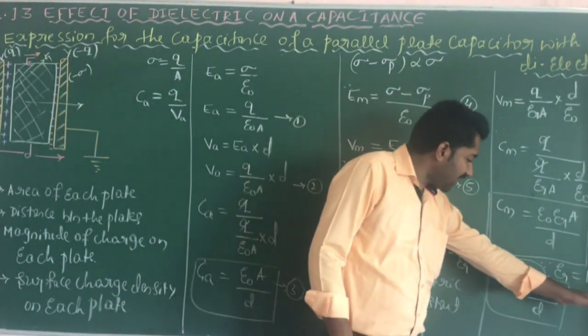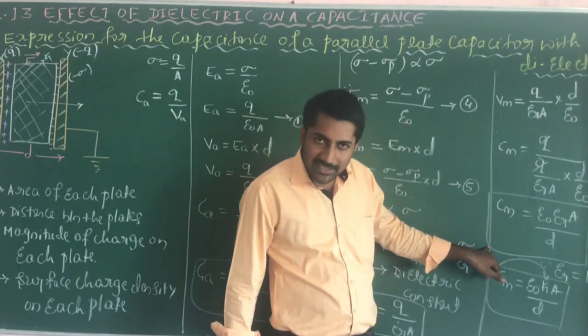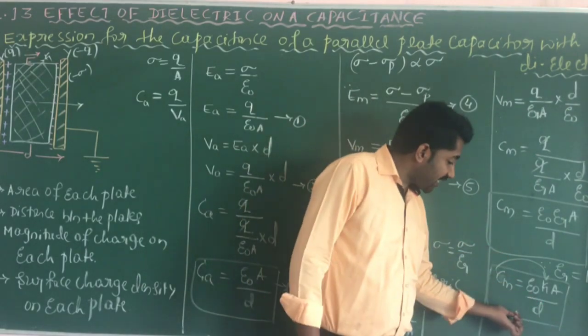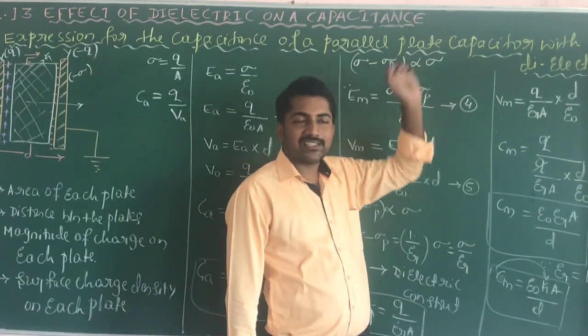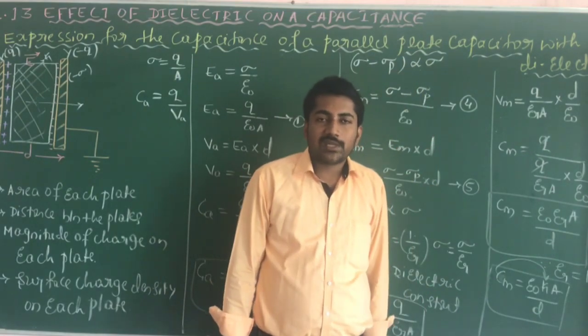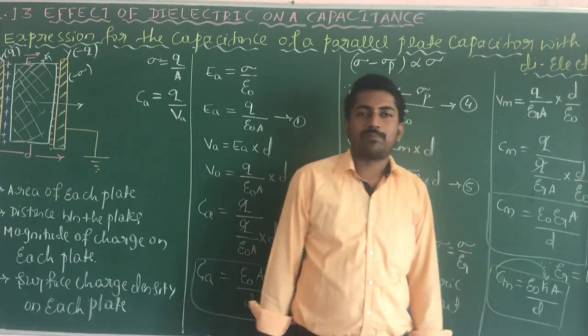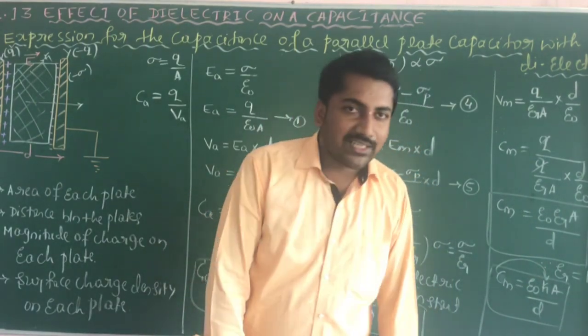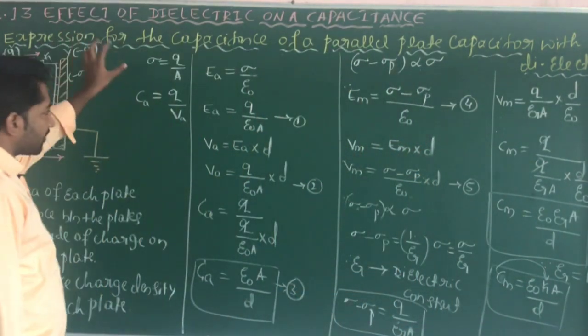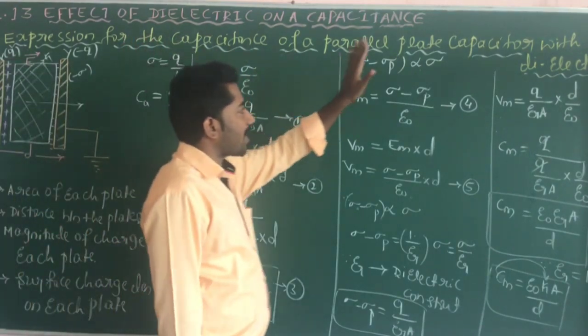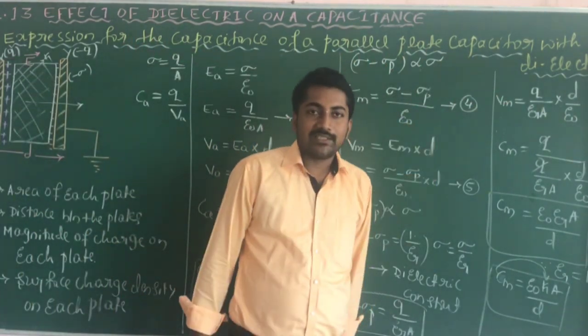If the distance increases, capacitance of a capacitor decreases. If the distance decreases, the capacitance of the capacitor increases. It is inversely proportional. On these three factors, the capacitance of a parallel plate capacitor depends. This is about the expression for the capacitance of a parallel plate capacitor with dielectric.